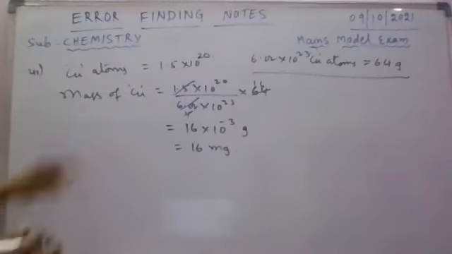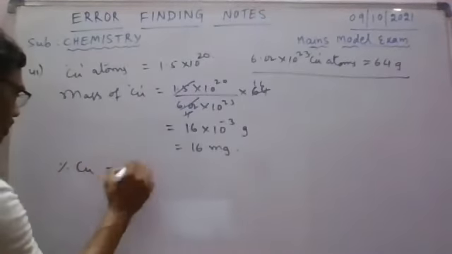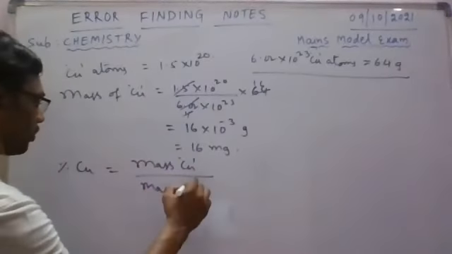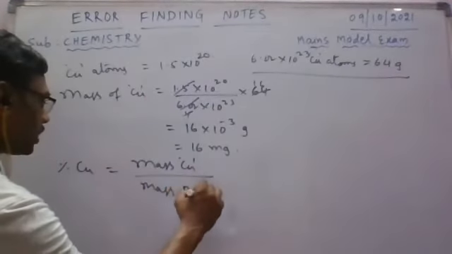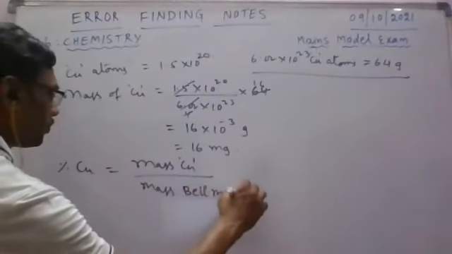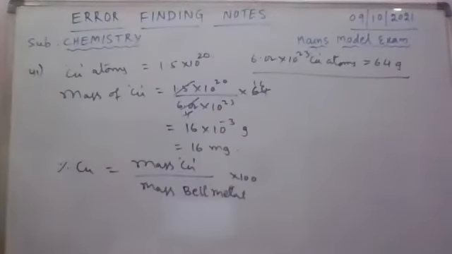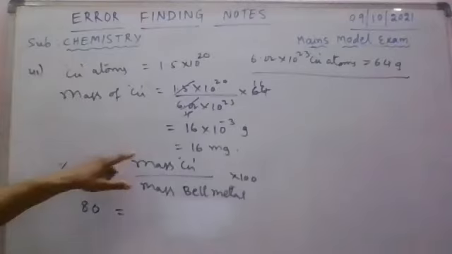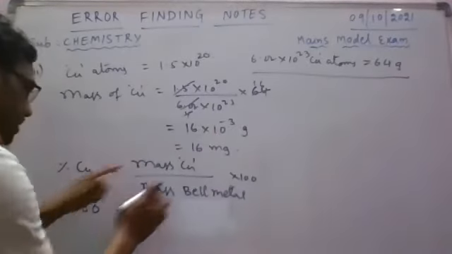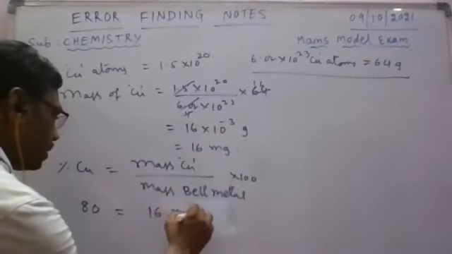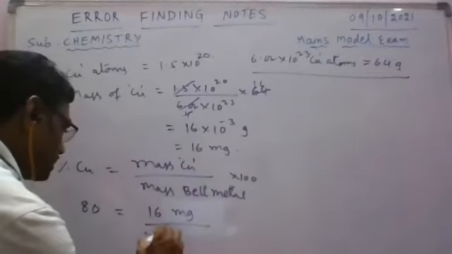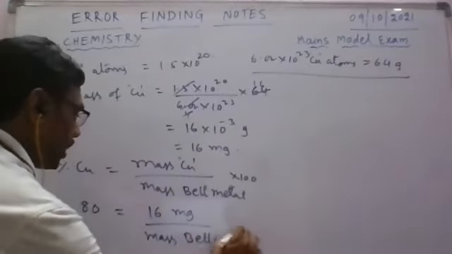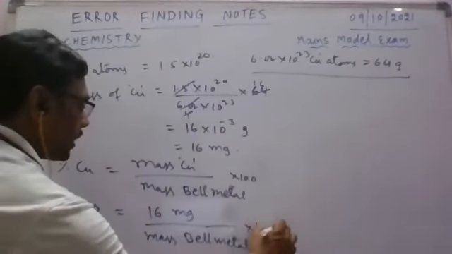This is the copper mass. The percentage of copper is equal to the mass of copper by the mass of bell metal into 100. Here the mass percentage of copper is given as 80%. The mass of copper is 16 milligrams divided by the mass of bell metal, which we have to identify, into 100.